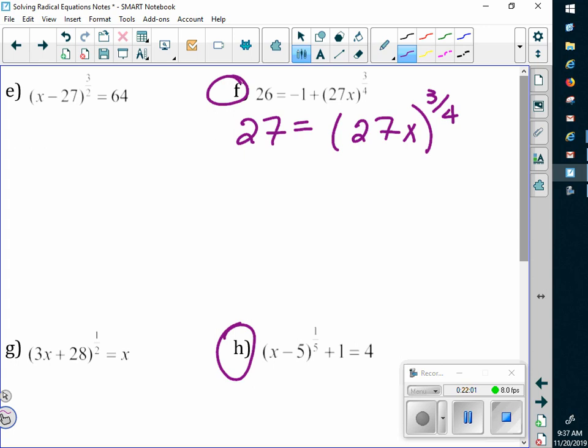Okay, so what do we do? Okay, we're going to raise each side to the 4/3 power. Look at the right side. What do you have on the right side? 27x.